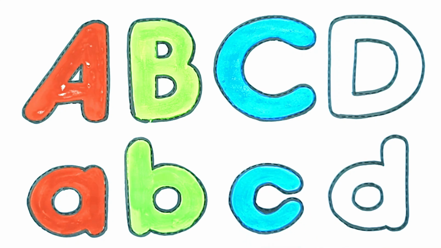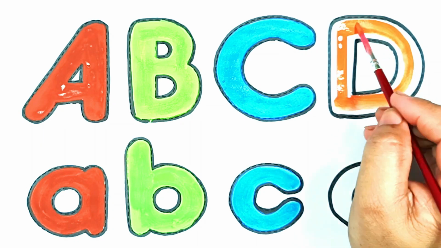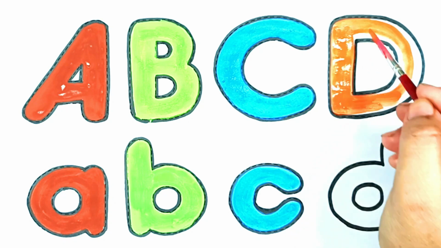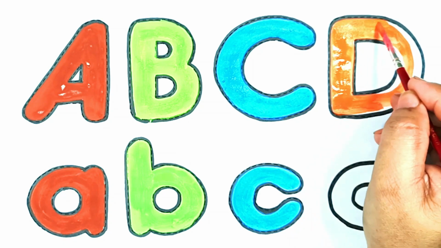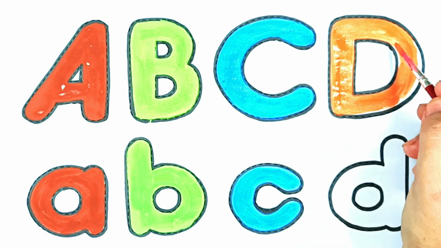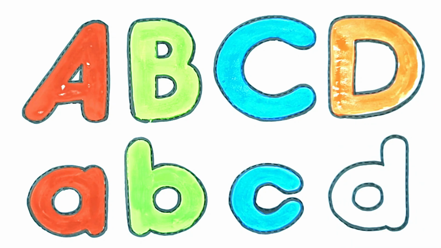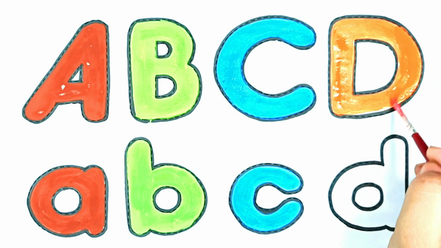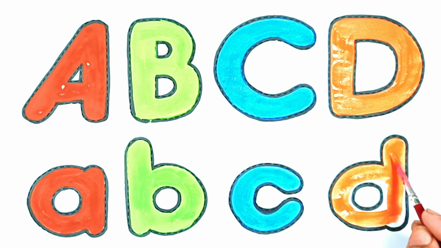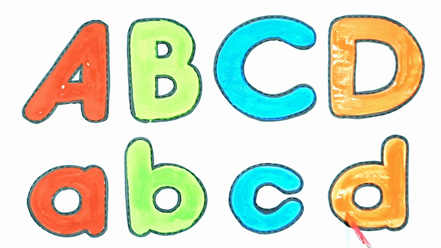C is for carrot. D is for duck. D is for door.